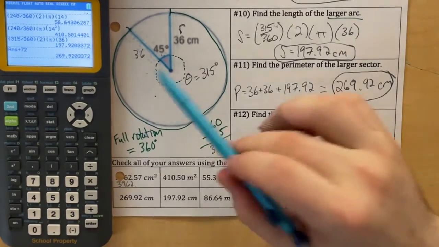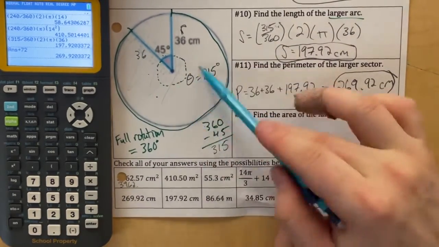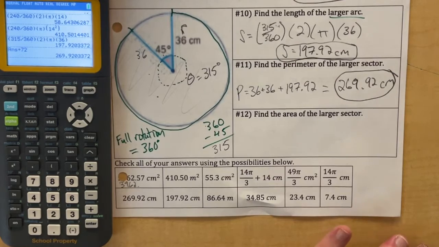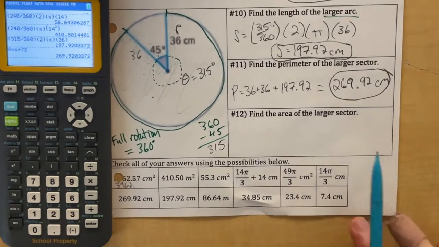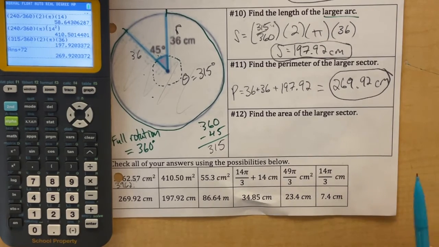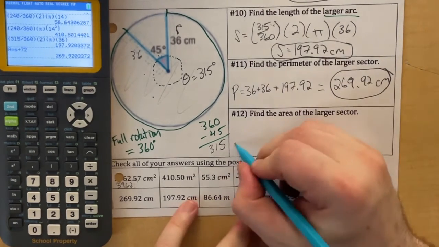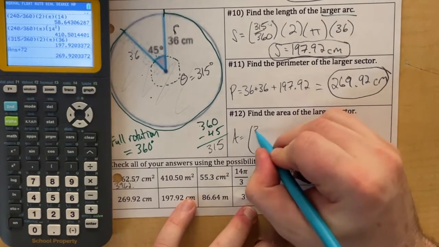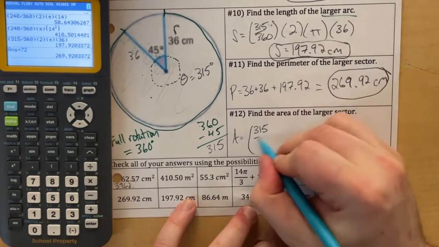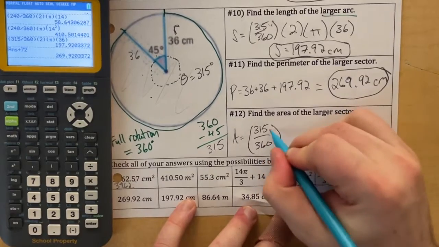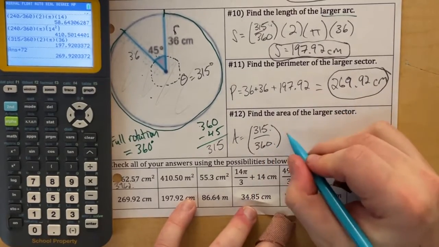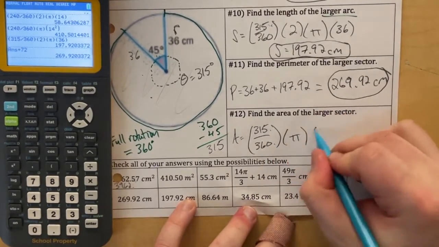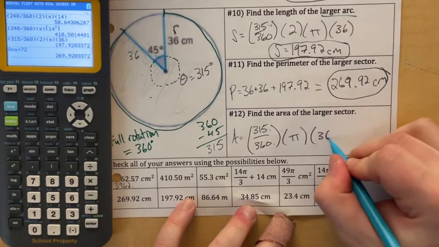And then lastly, we need to find that shaded area that covers that larger sector. So this is going to be that very large answer. So it says find the area. I have area is equal to the angle amount theta, which is 315, over 360. Again, part over the whole, times pi times that radius, which is 36 to the second power.